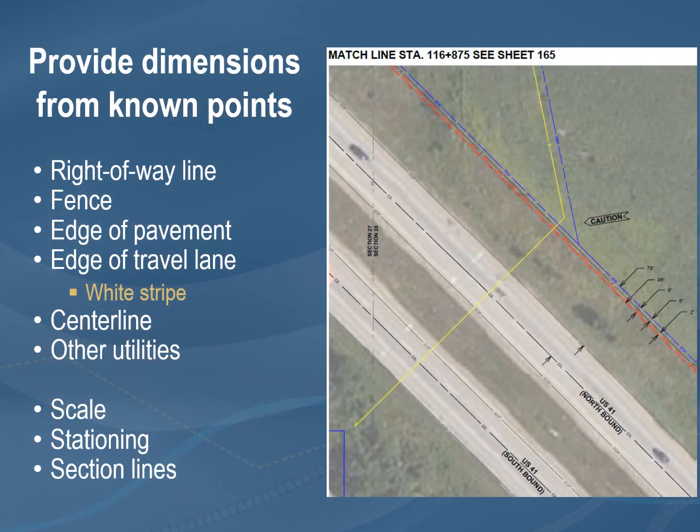Give us some measurements from known points, like from the right-of-way line, from a fence. Have a scale on there. Different things like that. Even having that underlying aerial makes things a lot clearer for us. Anything that you can do to make your maps or your drawings clearer for us will increase the speed of the process of getting your permit approved.